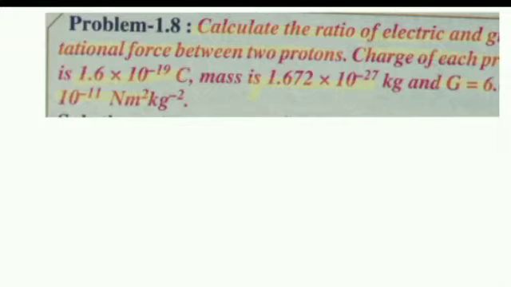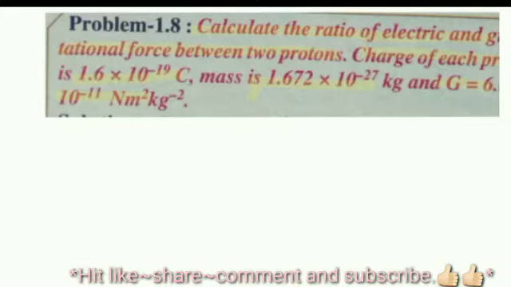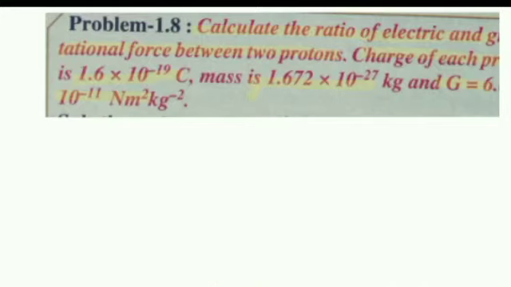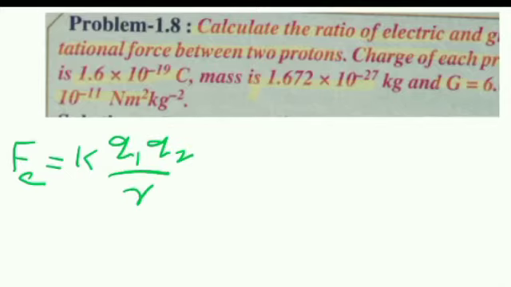He is asking for the electrostatic force and gravitational force of protons. First, the electric force Fe is equal to K Q1 Q2 by R square.